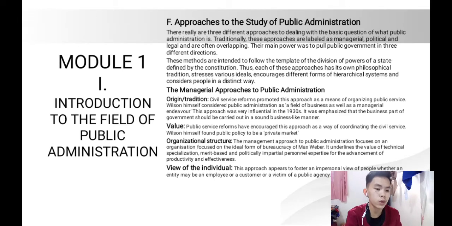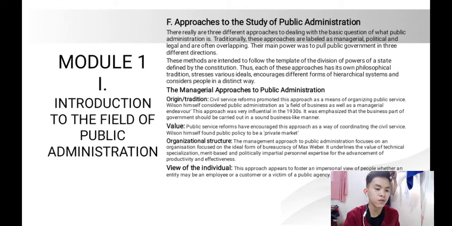We also have the organizational structure of the managerial approach to public administration. The managerial approach focuses on an organization based on the ideal form of bureaucracy of Max Weber. It underlines the value of technical specialization, merit-based and politically impartial personnel expertise for the achievement of productivity and effectiveness.